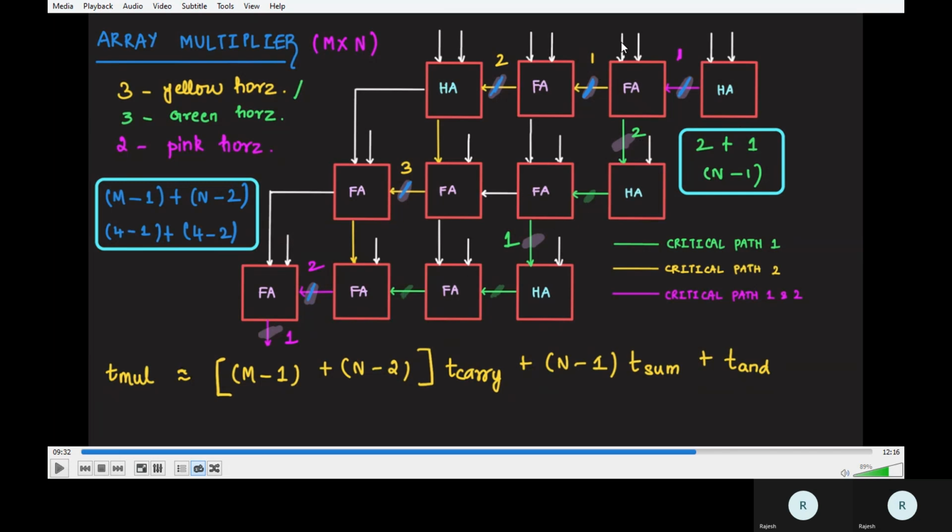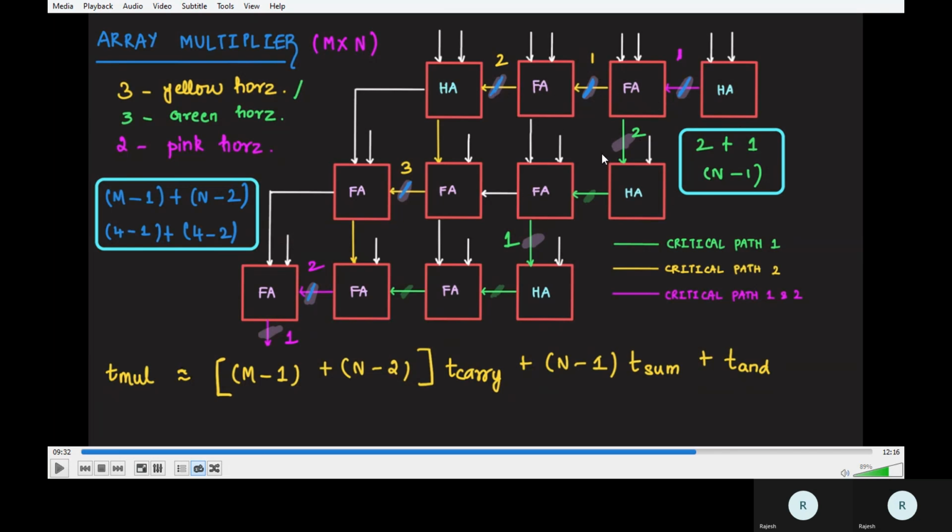Whereas n minus 2 tells the number of critical paths which are both 1 and 2. So which is pink color? Here, this one, on the right side you see topmost 1, 2. So this n minus 2 is related to those which are both 1 and 2. M minus 1 tells the number of critical paths of each.